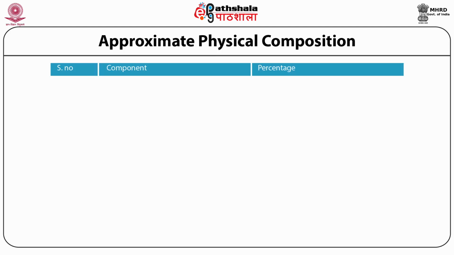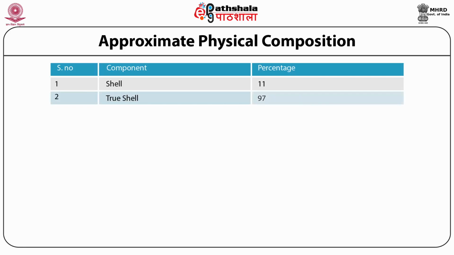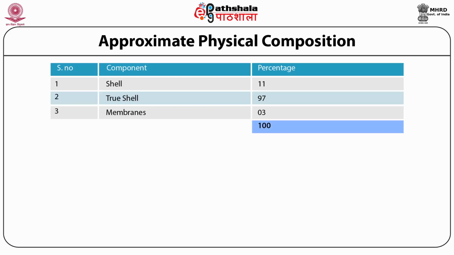As far as the percentage of different components in the whole egg is concerned, it has been analyzed that shell consists of 11% of the total whole egg, in which the true shell is 97%. Membrane comprises 3% of the shell, making up the 100%.